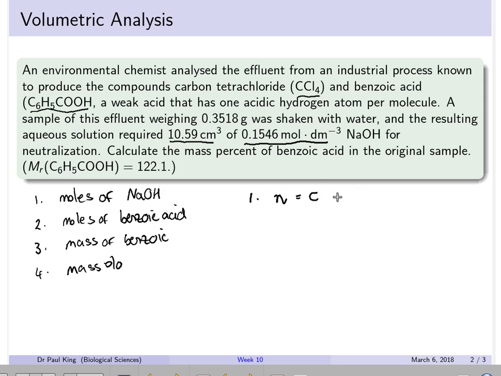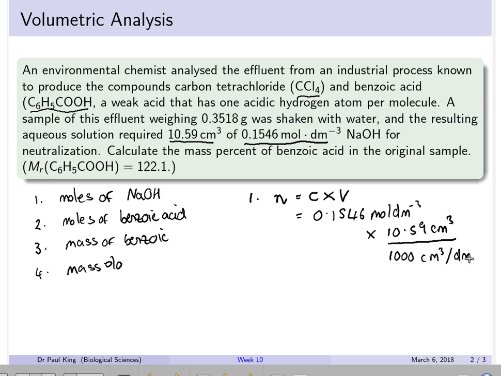That's simply the concentration, 0.1546 moles per decimeter cubed, multiplied by the volume, which is 10.59 centimeters cubed. But to keep all the units the same, we need to convert this to decimeters cubed, which we do by dividing by 1000, because there are 1000 centimeters cubed per decimeter cubed.